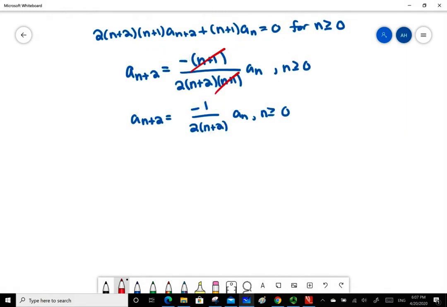And if we want, we can index shift the recursive formula, subtract 2 from all of the n's in the formula and add 2 to the starting n to say that a sub n is negative 1 over 2n a sub n minus 2 whenever n is greater than or equal to 2.